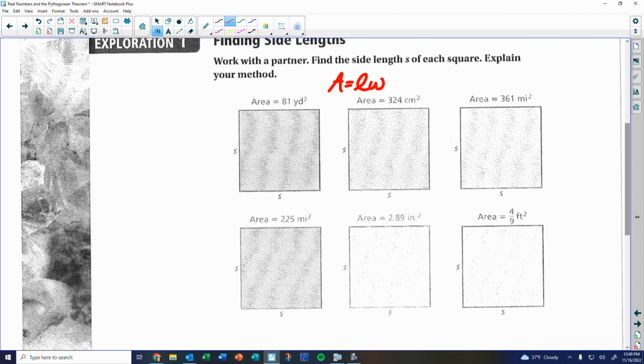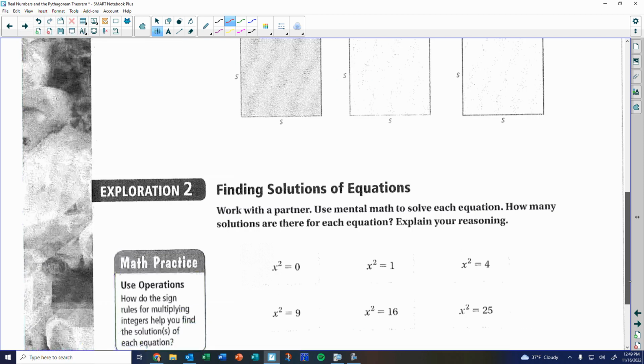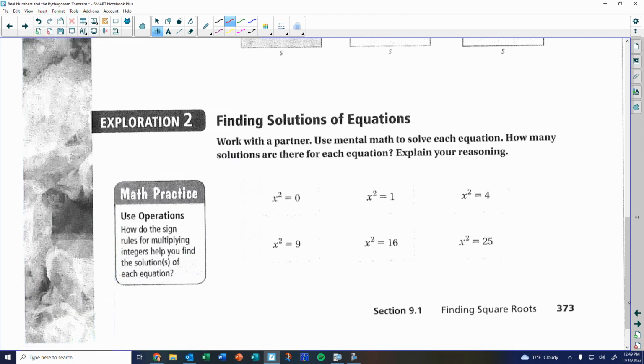All right. So you're going to do this part first with the people at your table and come up with these side lengths for these 6 areas. Then down below, it says solving an equation. Well, some number squared. Because remember, if it's an equation, it has to have what? What makes an equation an equation? Anyone know?